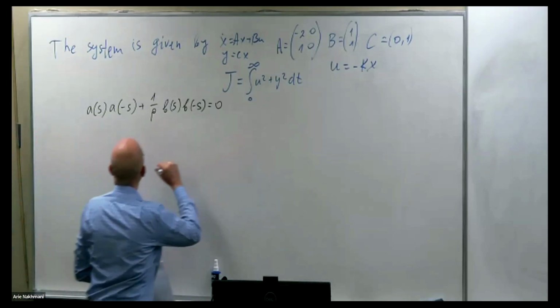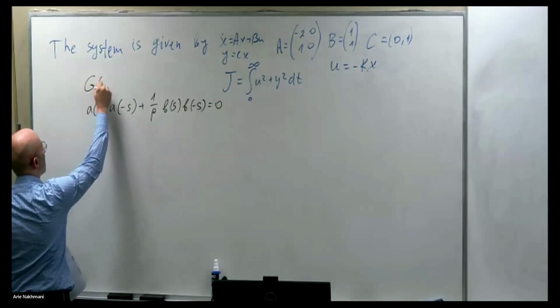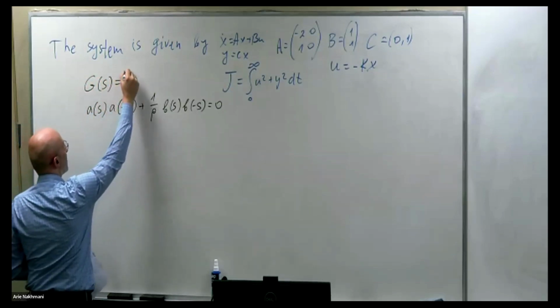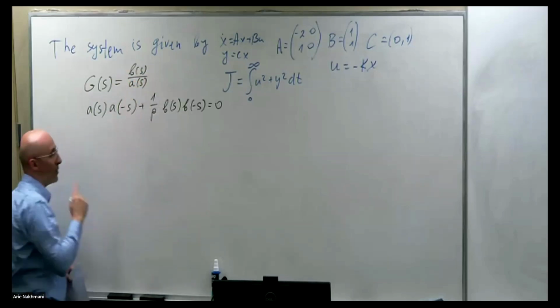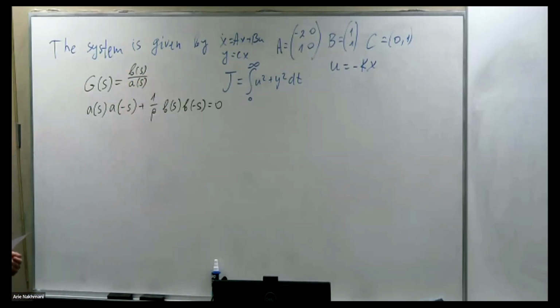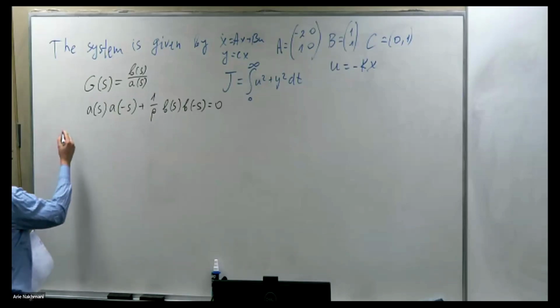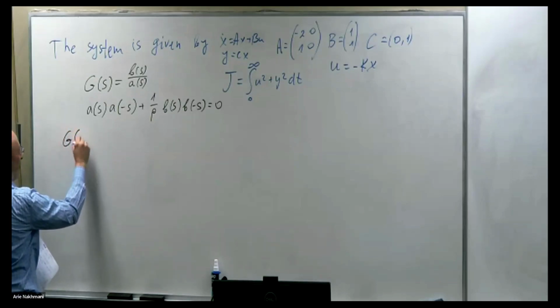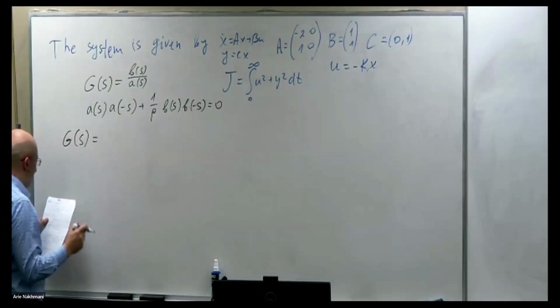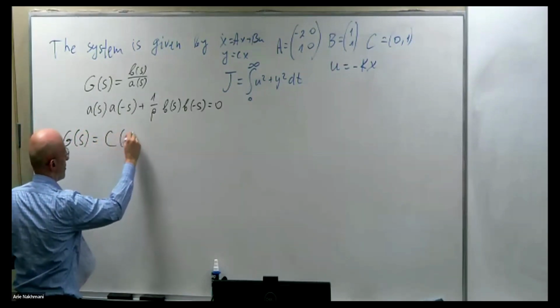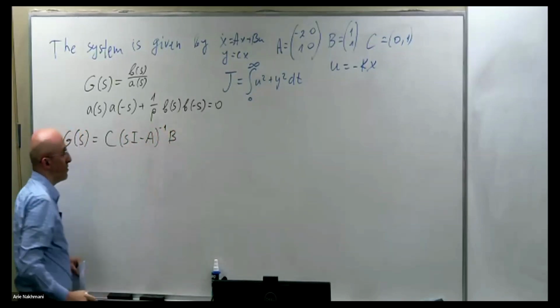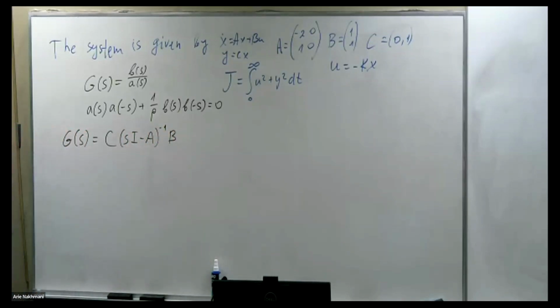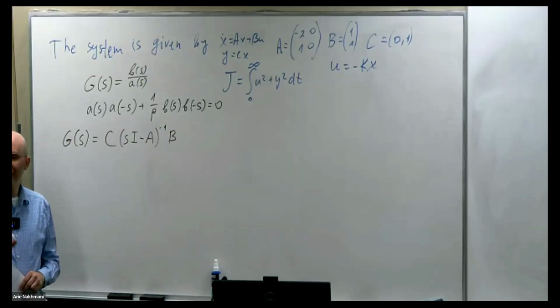So G of s, which is open loop, is B of s divided by A of s. So we need to find the transfer function. Okay, so what is the transfer function? First of all, we are starting with finding G of s, which will be C times (sI minus A) inverse times B plus D, but D equals 0.